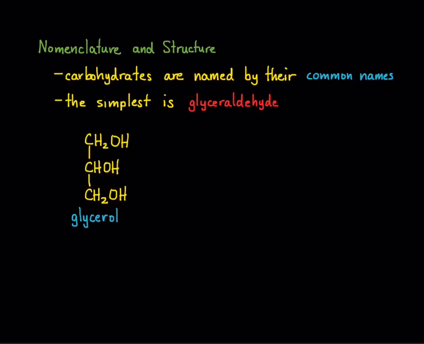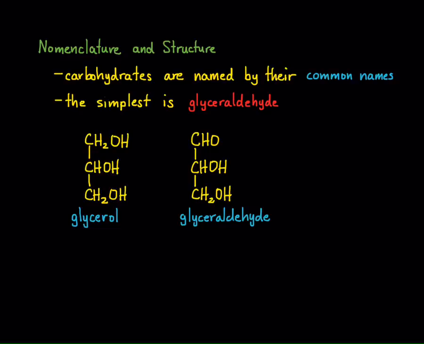Now, the difference between glycerol and glyceraldehyde looks like this. So here is glyceraldehyde. If you look at the difference between these two structures, well, first of all, there's a lot of similarities.